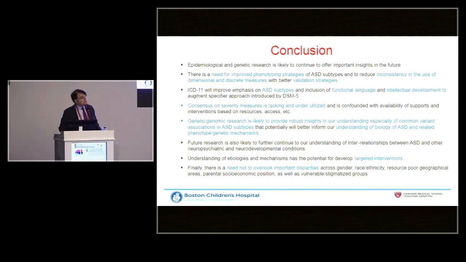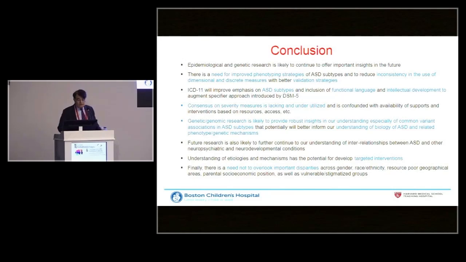Understanding of the etiologies and mechanisms will help us develop better targeted strategies, besides the very important considerations that Dr. Munir mentioned in terms of early intervention, functional behavioral analysis, and all sorts of other interventions that people are evaluating through important evidence-based approaches.